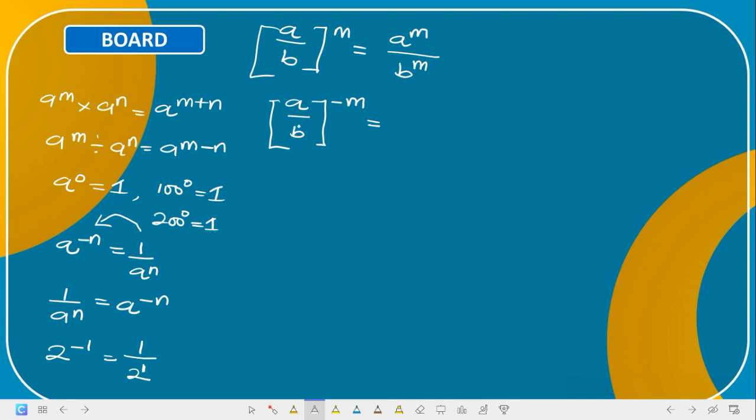The b will come up and the a will come down. So what are we going to have? We have b over a. Is that not so? If we invert, then raised to the power of what? m. The negative will leave there.